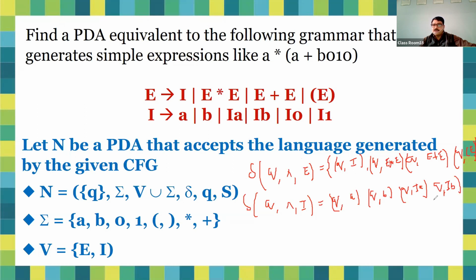And another one is Q, comma I0. Another one is Q, comma I1. So all these are the transition functions for the variable, all separated by commas, so write a comma between these also. Clear? So the variables are completed, because there are only two variables in the production rules.